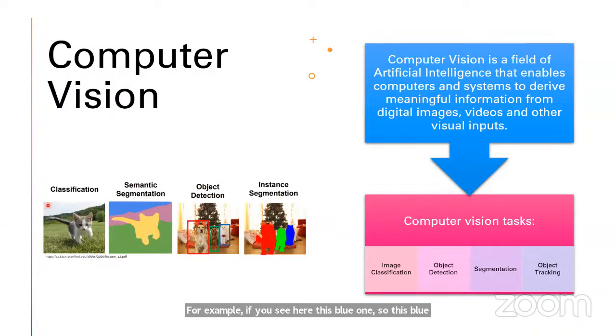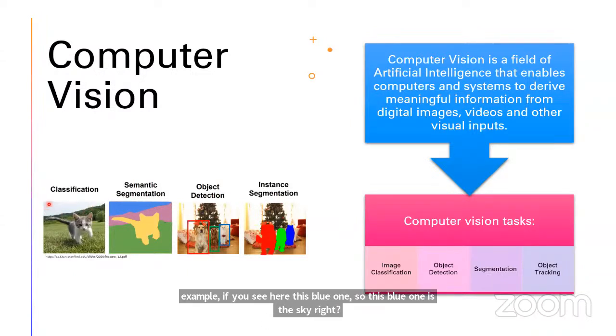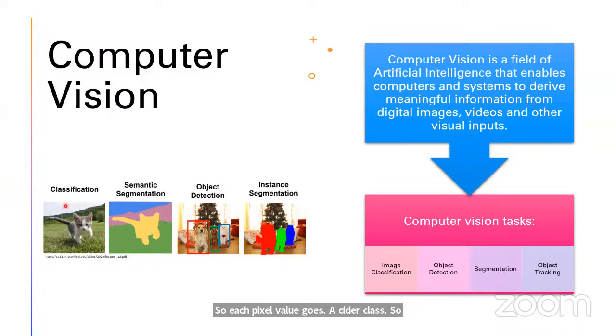So this particular pixel of the picture is of class sky, these pixels are of class trees, and these pixels are of class grass, and this one is our cat. So each pixel is assigned a class value in semantic segmentation.